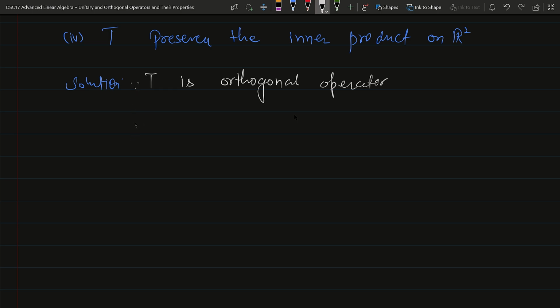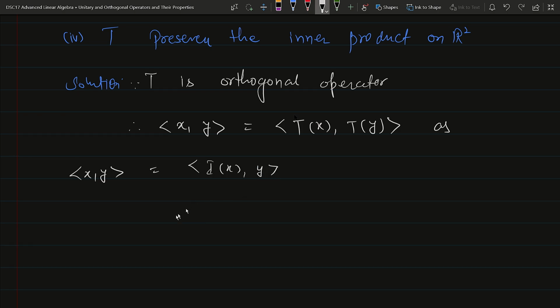therefore we have inner product x comma y is equal to inner product T of x comma T of y. Okay, you can verify this also. How? As ये हमने प्रूफ किया ही था, inner product x comma y is equal to inner product I of x comma y, and in place of I you can write it as T star T on x comma y, and that is equal to T of x comma T of y. ओके, यही हम क्यों लिख पा रहे हैं?